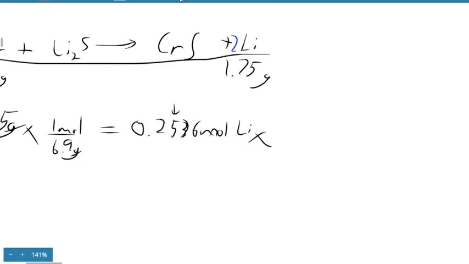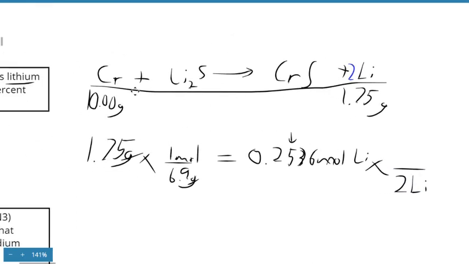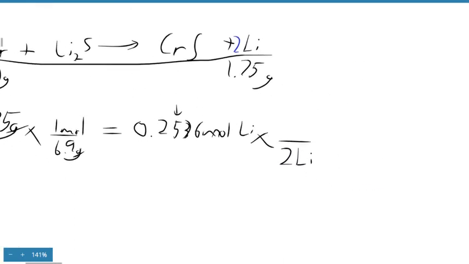We put lithium on the bottom, so the coefficient of lithium is 2, so we put 2 in front of Li, and for chromium it's just 1. So we just take this value and divide by 2 to find the moles of chromium that were reacted.